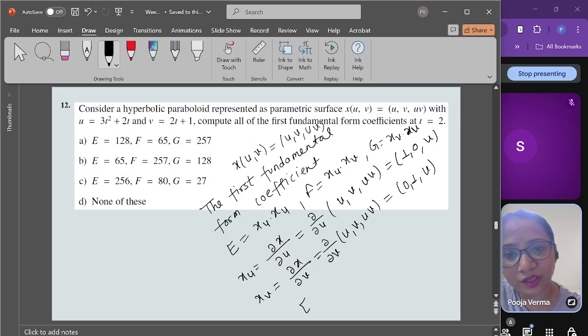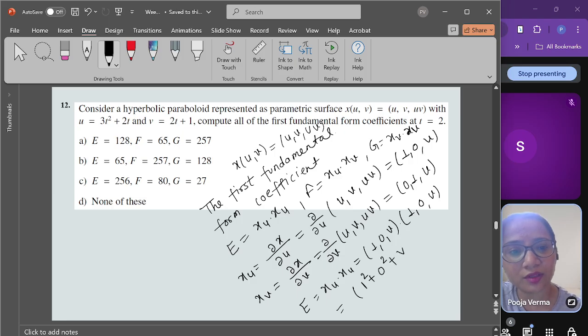So E is x_u dot x_u, the dot product of (1, 0, v) with (1, 0, v). So E is 1 squared plus 0 squared plus v squared. Overall you will get 1 plus v squared, right?